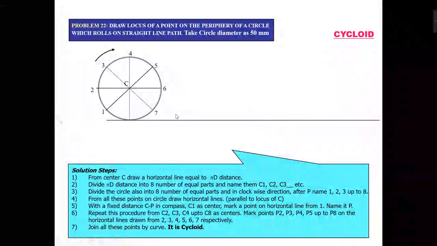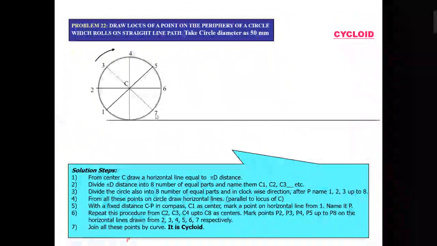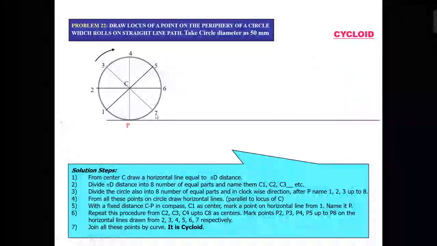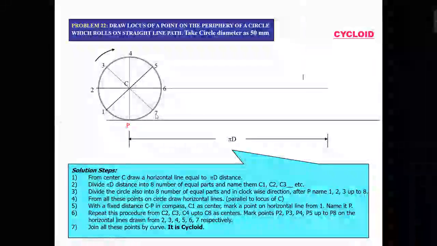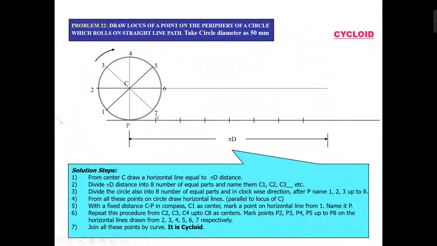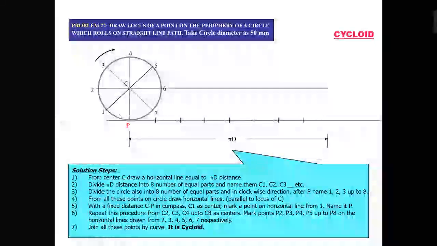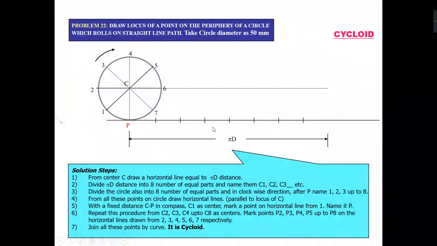I am naming the points 1, 2, 3, 4, up to 7. This is your point P. This is your distance pi d. So I have to cut the pi d distance into 8 equal parts. If you cut the circle into 12 equal parts, then you have to cut the pi d distance into 12 equal parts.